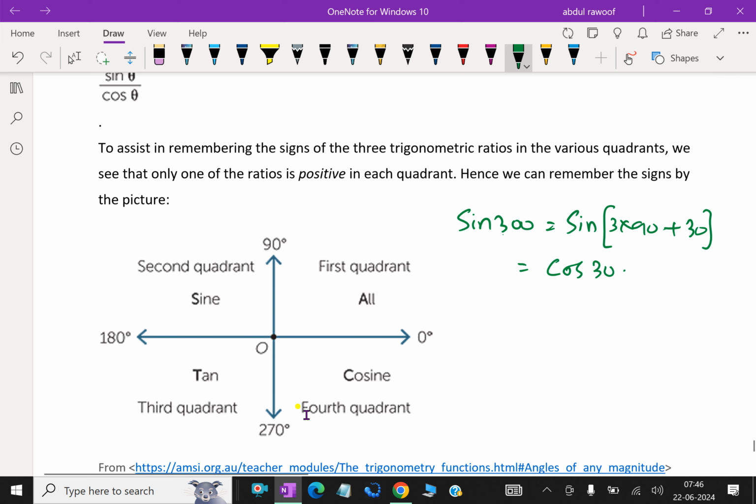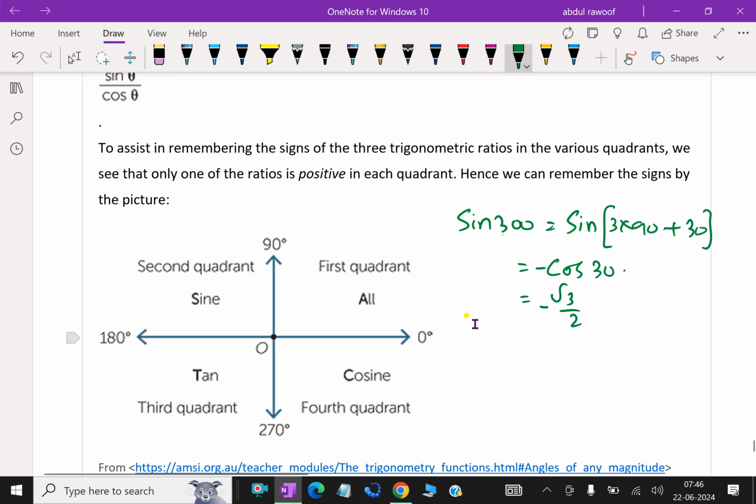Which quadrant is 300 in? It comes in the fourth quadrant. Cosine is positive, the rest are negative, and here sine is negative. So cos 30 is root 3 by 2, that is, sine 300 is minus root 3 over 2.